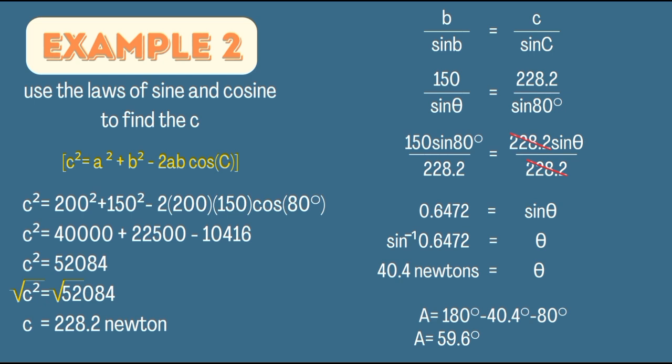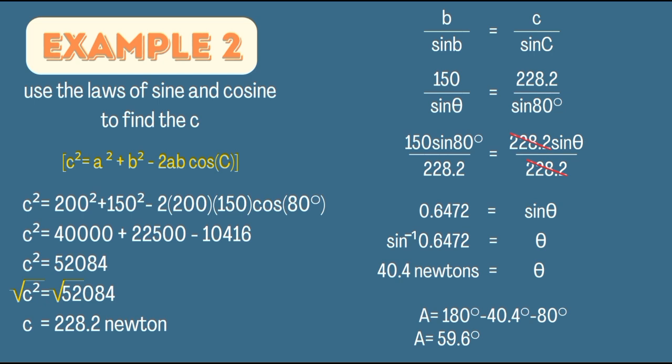When we calculate all of that, we will come up with 52,084. So, we must take the square root of both sides to cancel out the square of the C. The square root of 52,084 will be 228.2 newtons.